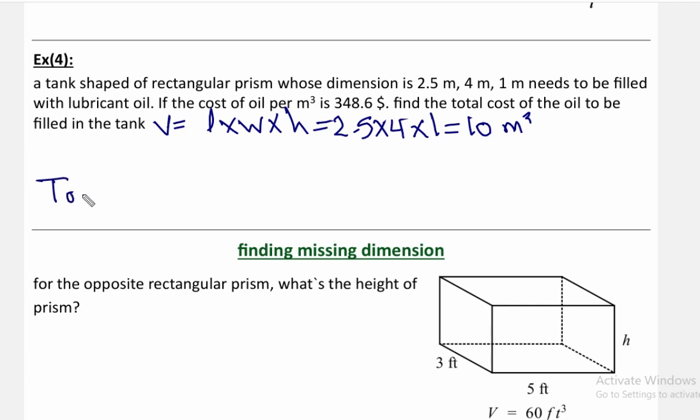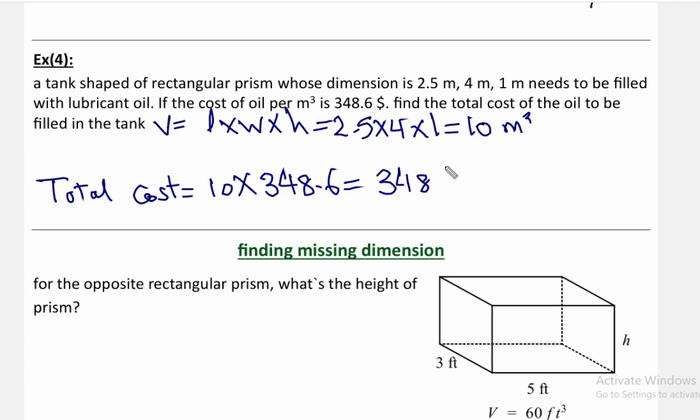Then total cost equals 10, the total volume, times the cost of 1 meter cube, 1 unit volume, equals $3,486. Okay, take your note, pause the video, and replay again.